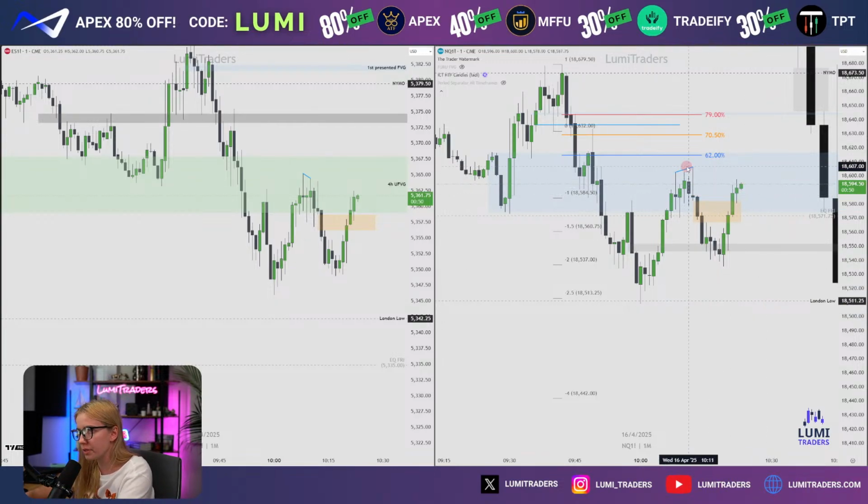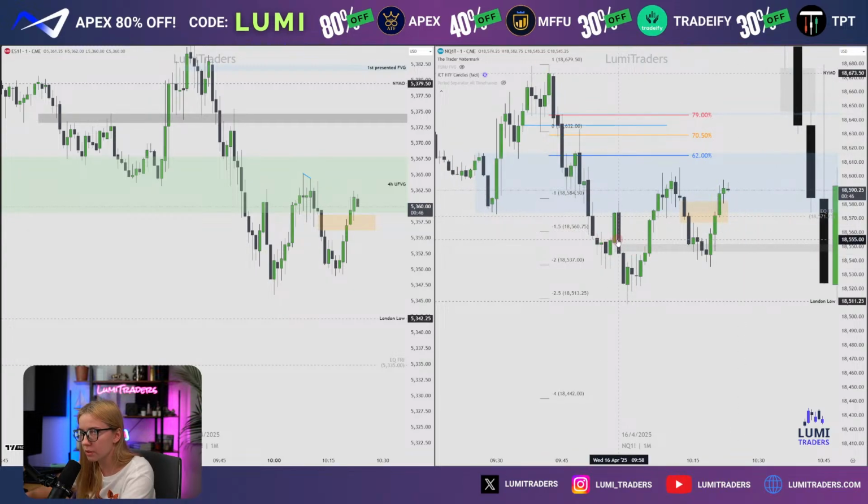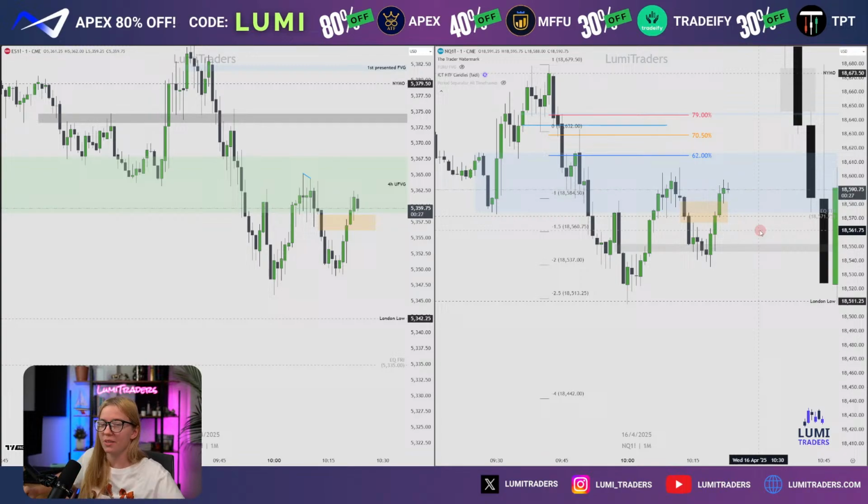Not a good sign for me right now to short is the inversion fair value gap right here, like a second inversion. That's not a good sign. That's why I always wait for displacement. Did not displace yet. Let's see. Still, I feel like we are going to get a trade today.